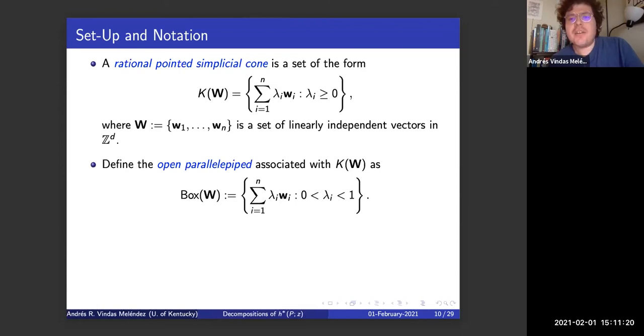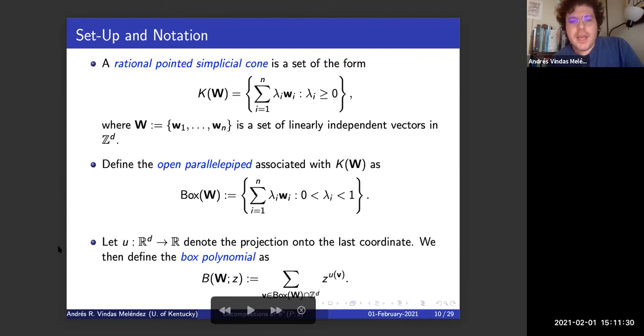And I'm going to define an open parallelepiped associated to that rational pointed simplicial cone, and I'm going to call it box of W. Then I'm going to take U to be a projection onto the last coordinate. And I use that to define a box polynomial, which is just the sum of z to the last coordinate of the integer points inside my box.